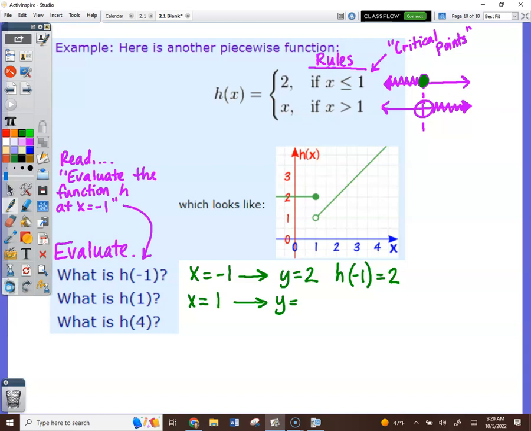So since it's allowed in this rule, then I go to its equation, which in this case is just the number 2. So there's no work to do. So y is 2, so h of 1 is 2. The next one, h of 4. So x is 4.